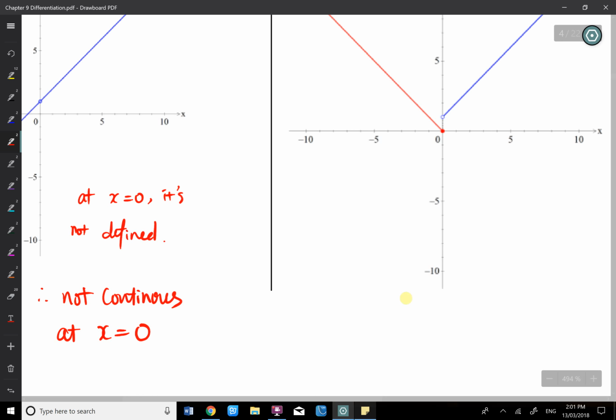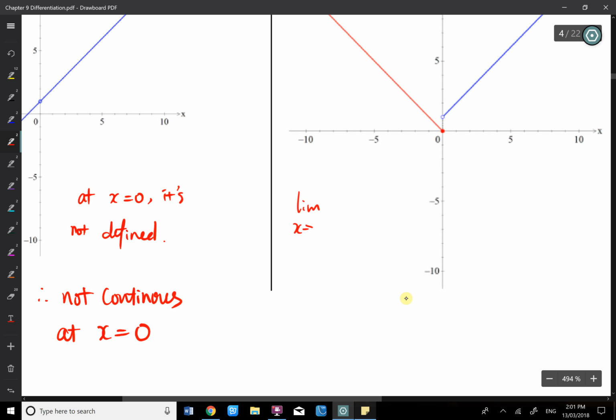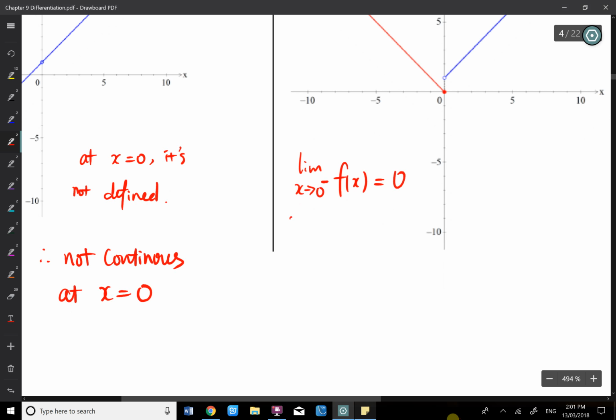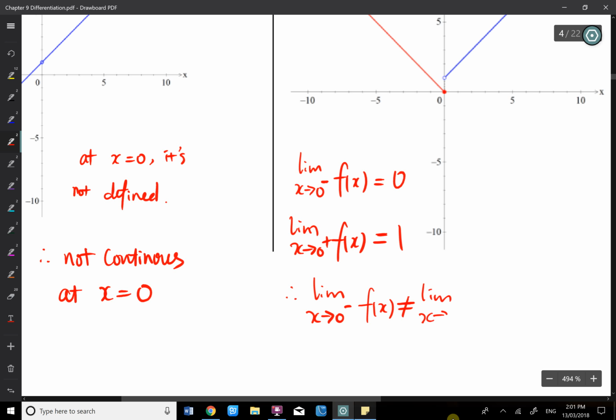So we'll say the limit as x approaches 0 from the left of f(x) gives you 0. And the limit as x approaches 0 from the right-hand side of f(x) equals 1. So the limit as x approaches 0 from the left of f(x) is not equal to the limit as x approaches 0 from the right-hand side of f(x).